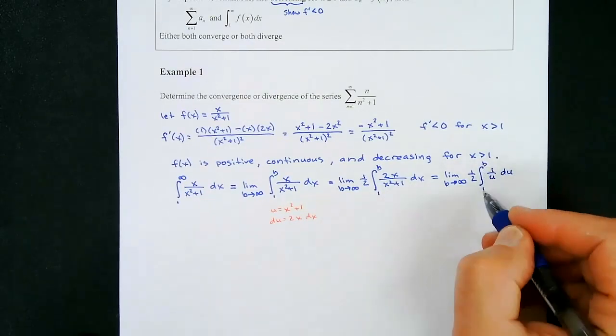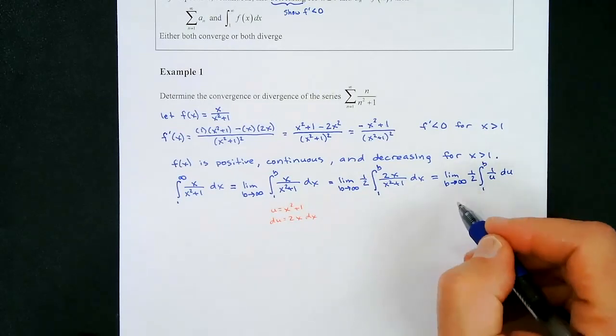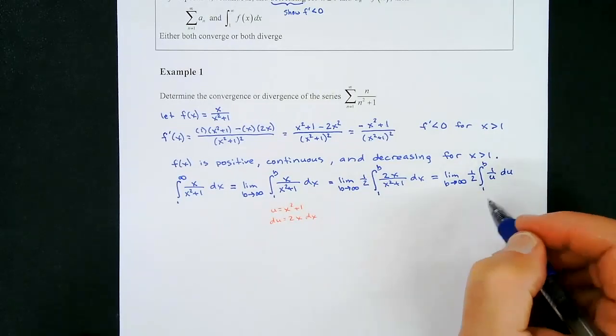I'm not going to change the limits to u values, because I'm doing this limit as b approaches infinity.